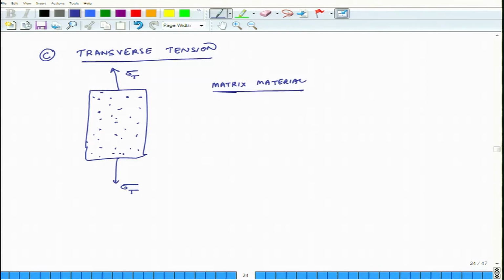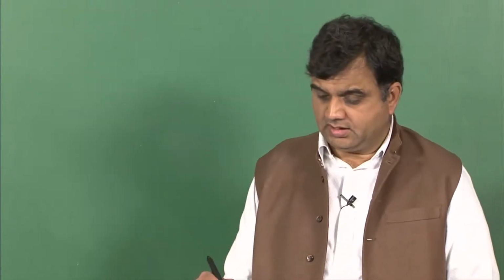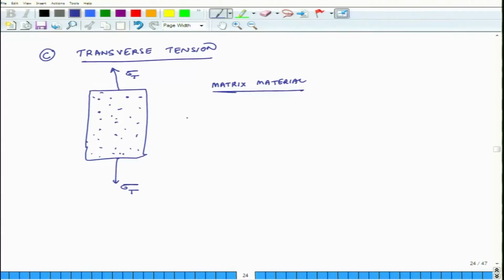If the matrix is really strong, then it can take a lot of load, otherwise it will take less load. And the nature of failure is of two types. So, the first is that either the matrix fails and that is it, nothing else happens.